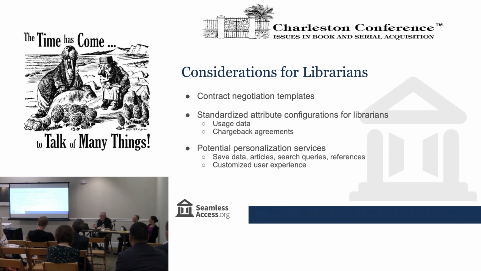We can give users the ability to save data and articles, advanced search queries, compile references across different platforms, and libraries could customize their user's experience based on their demographics, their interests, their major, and all that stuff. We've been dancing around that as librarians for a long time. In the early 2000s, we were looking at that My Library portal concept, so this is an opportunity for us there.